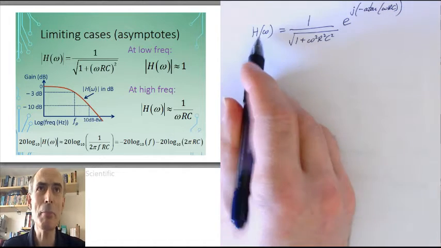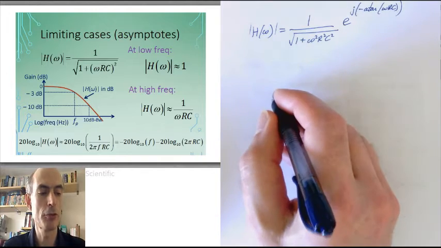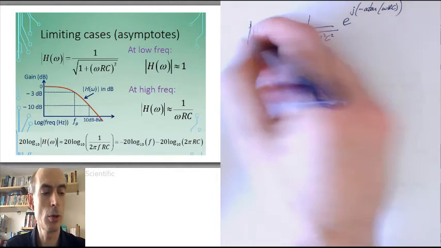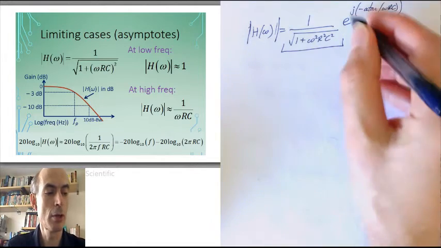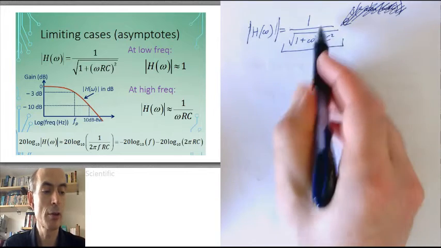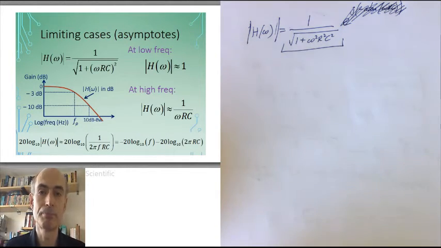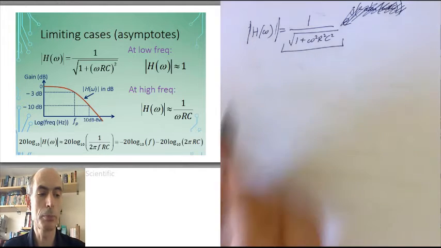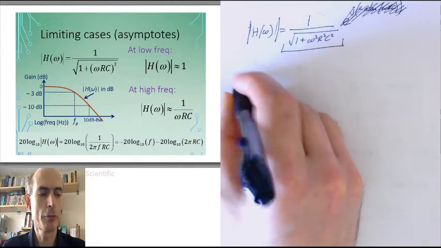And that means that the amplitude response, which is the modulus of the frequency response, is just equal to this. We're taking the modulus, then the phase term disappears. We're only interested in how far this complex number is from the origin in the Argand diagram. And this is what we're plotting when we plot an amplitude response. Now, first of all, at very low frequencies.